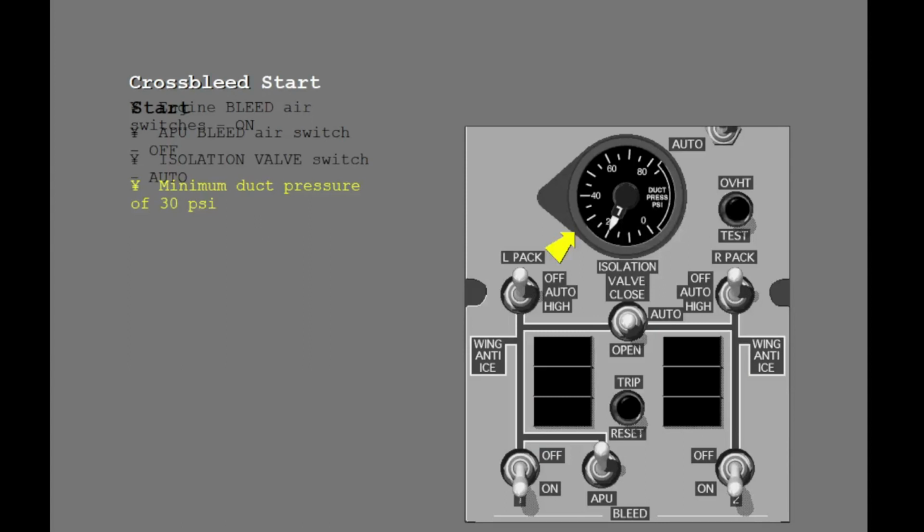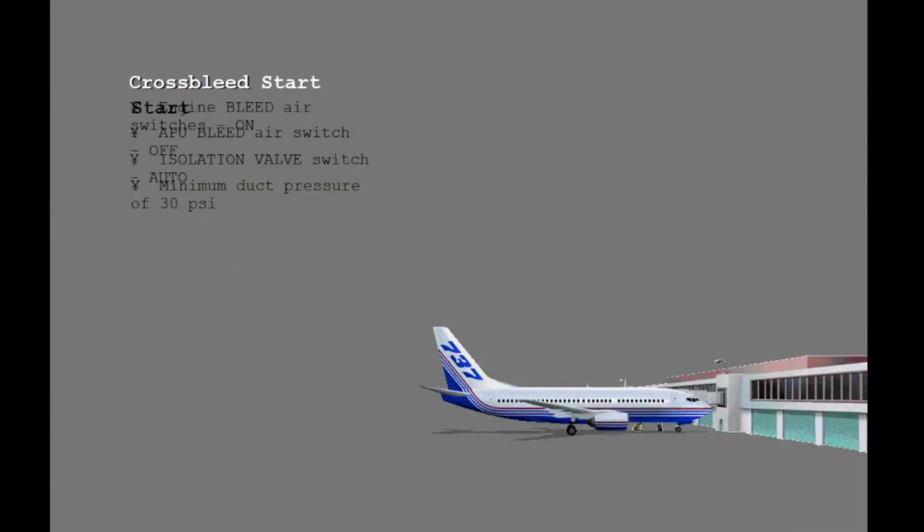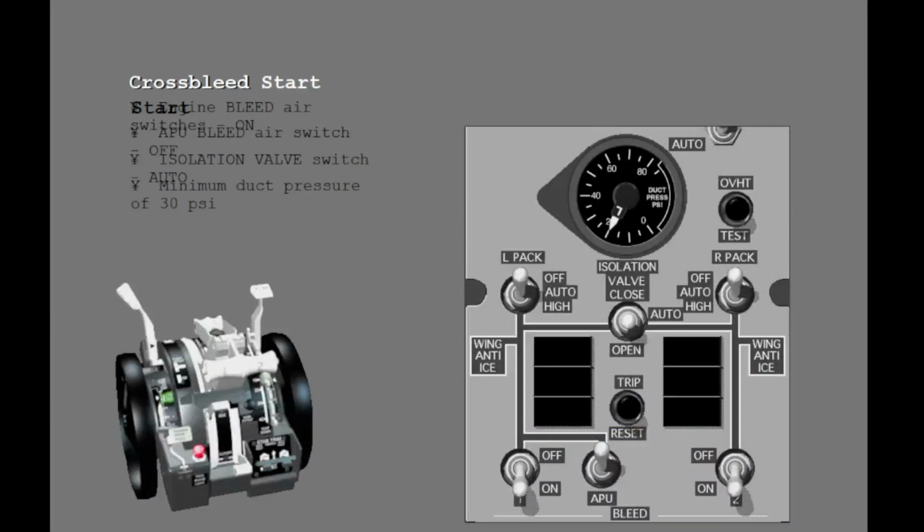To start engine number 2, engine number 1's thrust must be increased until there is a minimum duct pressure of 30 psi. Before engine number 1's thrust is increased, for safety reasons, make sure there is no equipment or personnel behind the airplane. Now increase the thrust on engine number 1 until the duct pressure shows 30 psi.